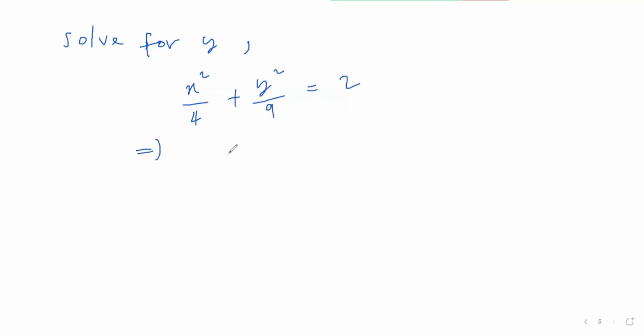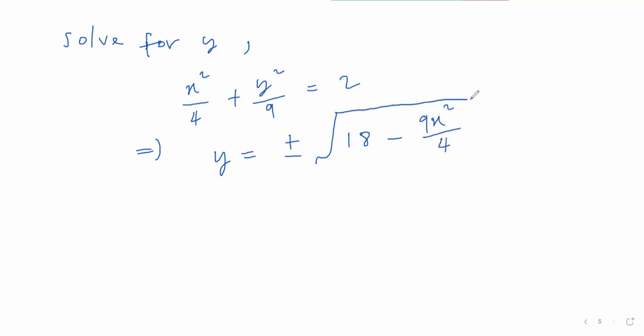So you go ahead and solve, and you're going to get that y is equal to plus minus the square root of 18 minus 9x squared over 4.